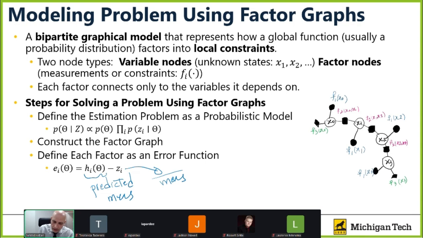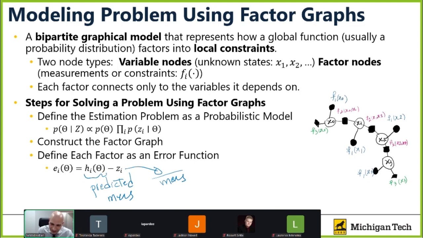You predict what the measurement is supposed to be, and the real measurement comes in, and we find this residual. Remember, this is called the residual. The residual is the difference between the predicted measurement and the real measurement. We need to find this residual for each factor.